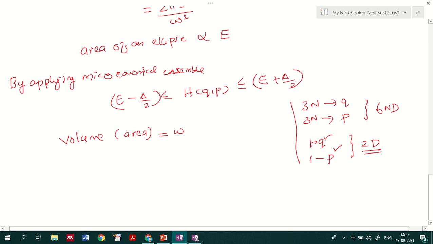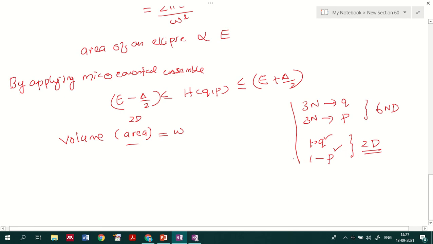2D means we'll have momentum on the y-axis and q on the x-axis. So totally it is 2-dimensional. That means we need to consider only the area, because we are considering a 2D state. So that's why the volume of the ellipse we are approximating to an area, where omega is the total volume approximated to area, since it's a 2-dimensional case.